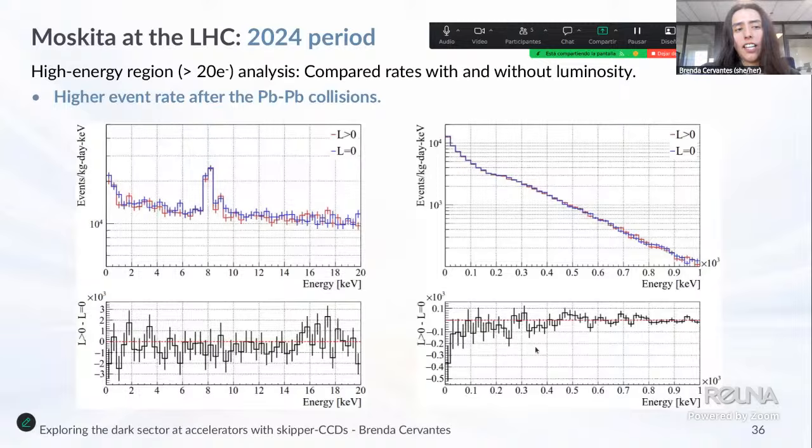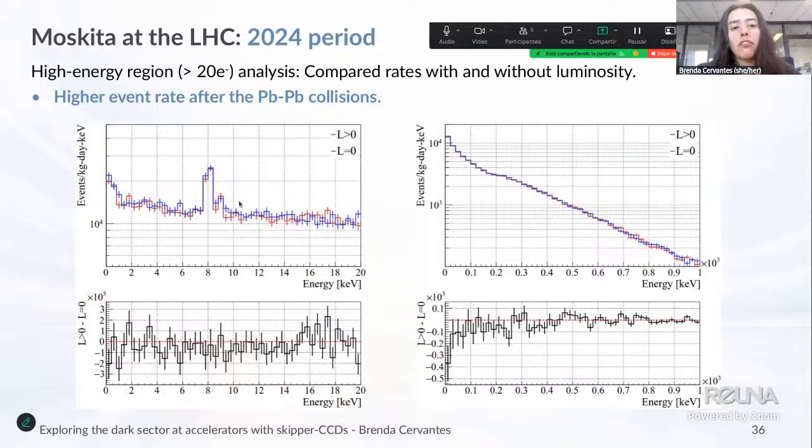For the high energy region analysis, where we look at events above 20 electrons, we compare the rates with and without luminosity. Here you can see the event spectra between 0 and 20 kiloelectronvolts with beam on and beam off. Red is beam on and blue is beam off.